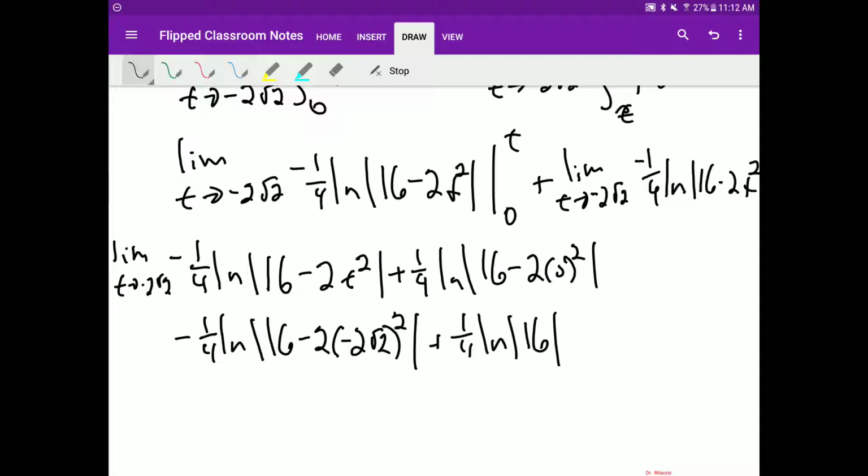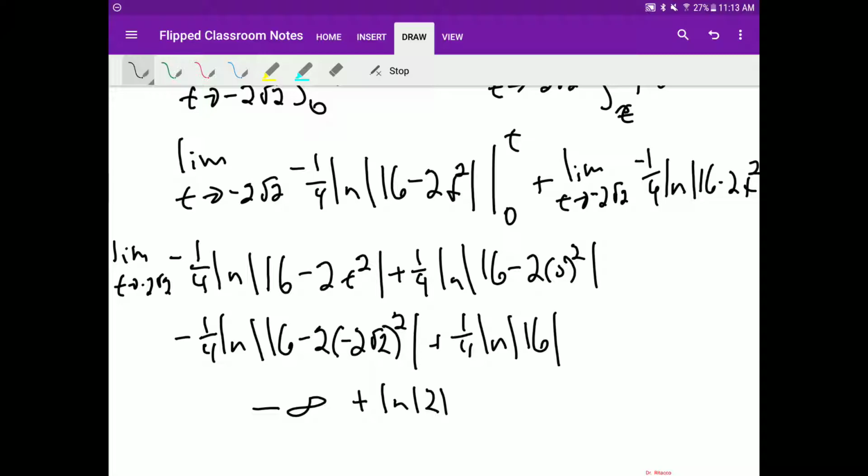So this first value is negative infinity, plus the natural log of 2.